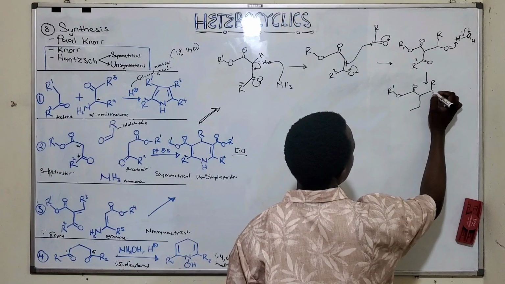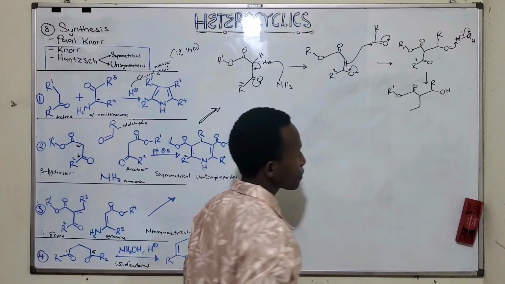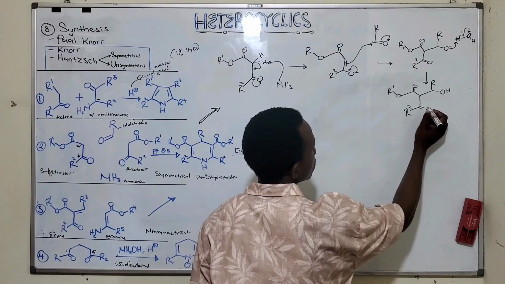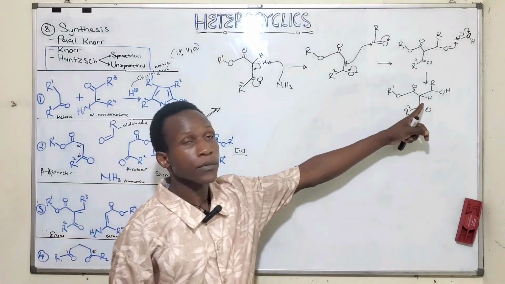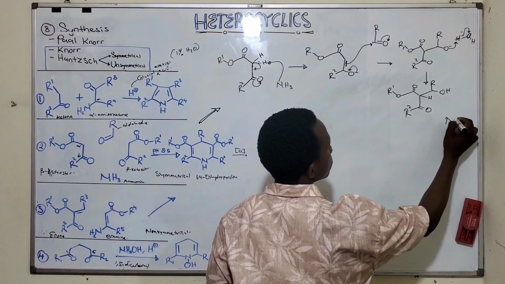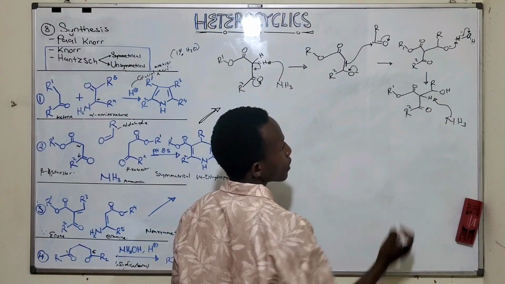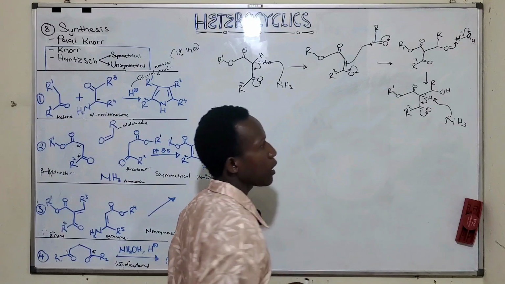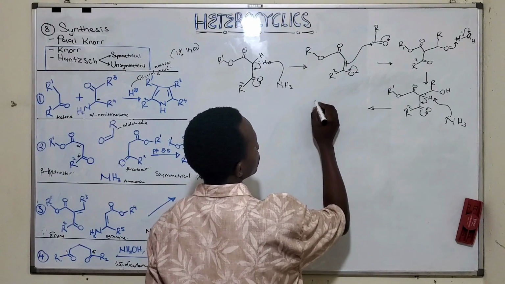We have R with O minus, OH now. OH. R2 and this. Still we have a hydrogen atom there. We're having a hydrogen atom here. A base comes again, takes up the hydrogen. This one pulls electrons. This one forms a bond there. Form this.